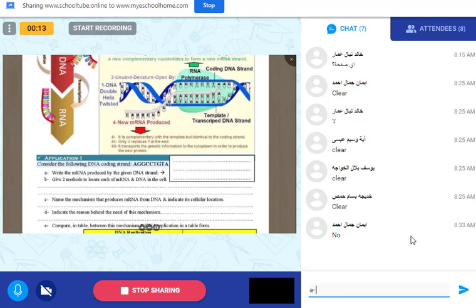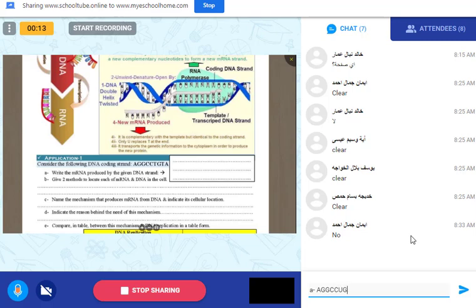Now I'm giving you the coding. I want to make a copy, the messenger RNA.